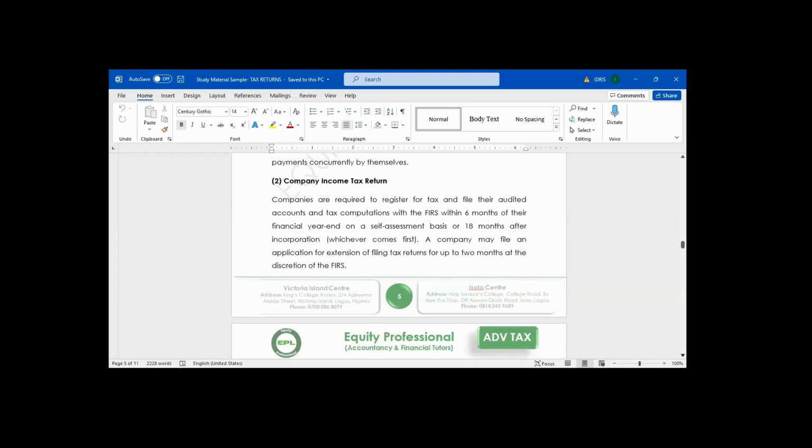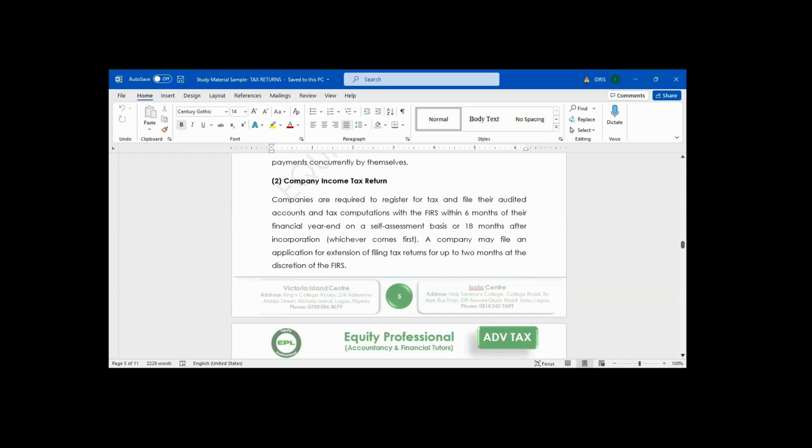Company return is one of the tax requirements expected to be fulfilled by every registered company, and it must be filed annually. What is the timeline for filing it? For an existing company that has been in business for a while, they must file their company income tax return within 6 months after the end of the year.